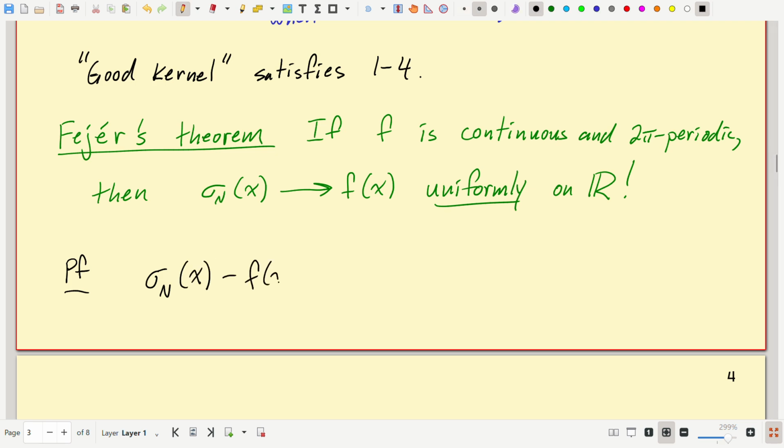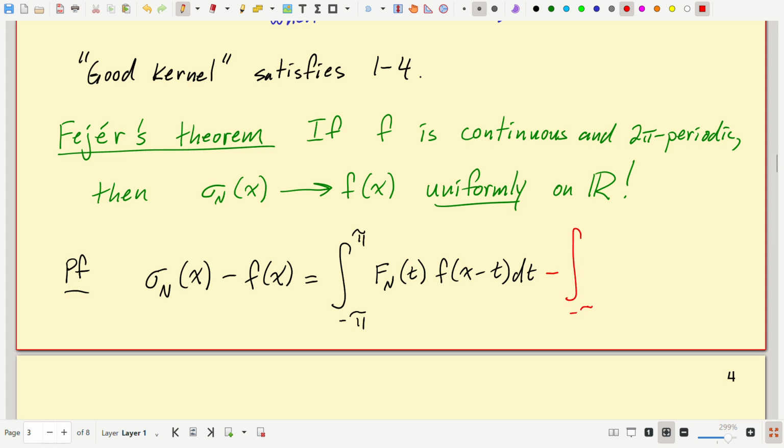So let's write sigma n of x minus f of x. Well, remember, the sigma n was, when I did the change of variables thing, f of x minus t dt. And then you remember when we subtracted off, I did this before. I want to represent f of x as something that looks just like that.